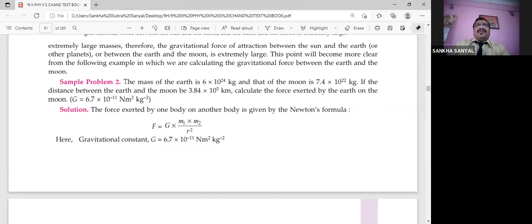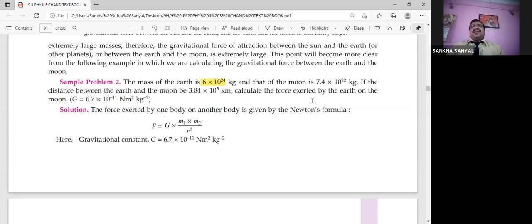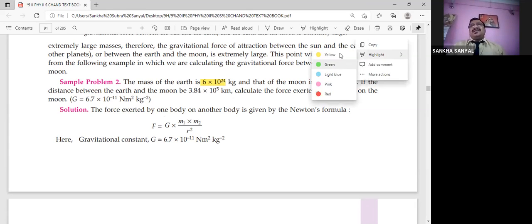What do we have? The mass of the Earth is taken to be 6 into 10 to the power 24 kg. The mass of the Moon is taken to be 7.4 into 10 to the power 22 kg.